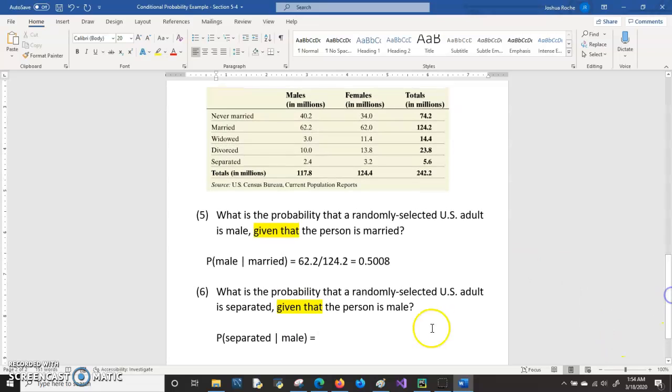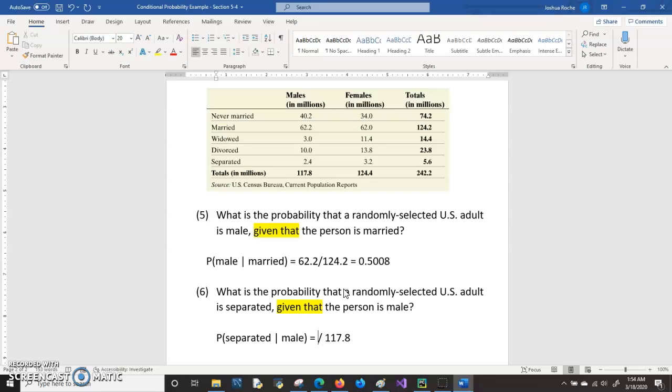Now the given part is that the person is male. And that means that on the table, I'm only focusing on the column, in this case, of all males. And I'm not going to need to know the female column or the total column. So within that column, the total of that column is 117.8. That's going to be my denominator.